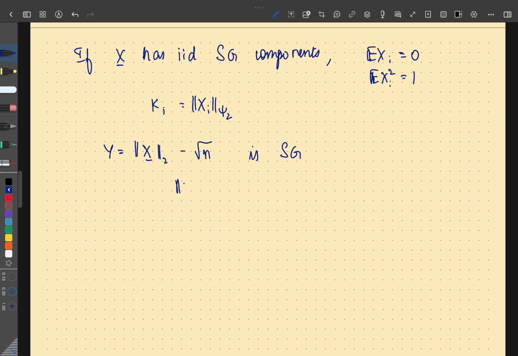And the subgaussian norm of y happens to be at most some universal constant times the largest Ki, I'm sorry, Ki square.